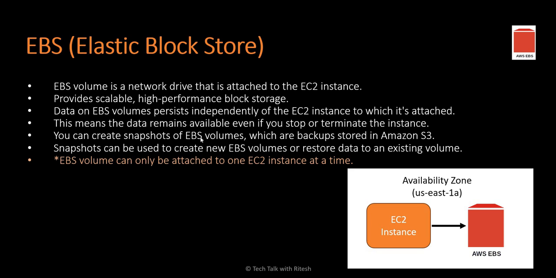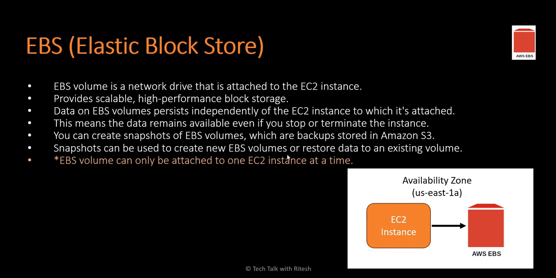That is called a snapshot. These snapshots, these backups, are stored in Amazon S3. We will discuss Amazon S3, but just consider it a service from AWS which we use for object storage.